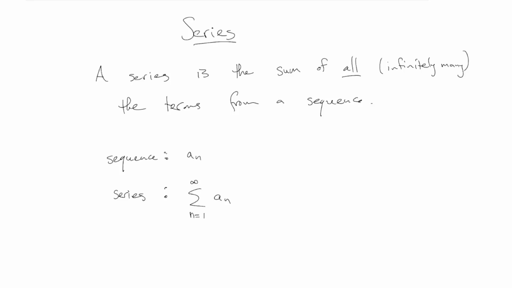You may think it's weird to add together infinitely many things, and I would say, yes, it's weird, but it's useful, and it does make sense if you are careful about doing it properly. All right. So sequences are just the numbers one after another. The series is what you get when you add them all up.